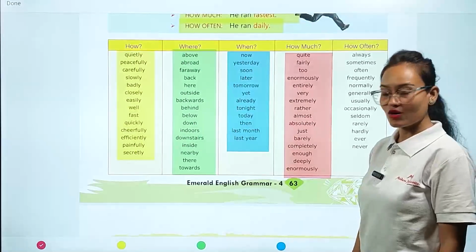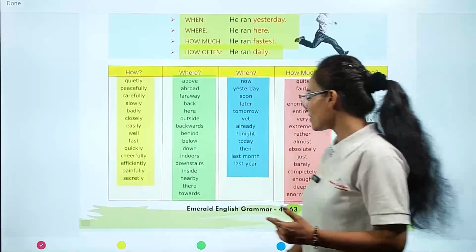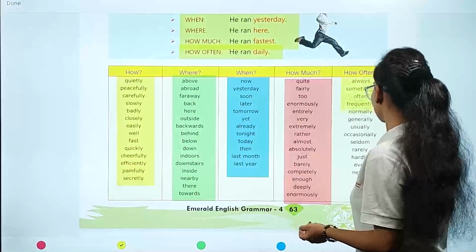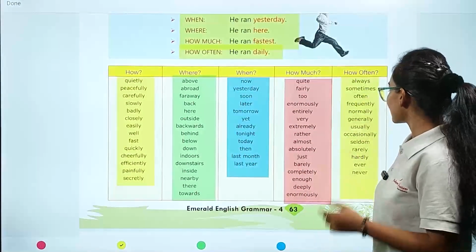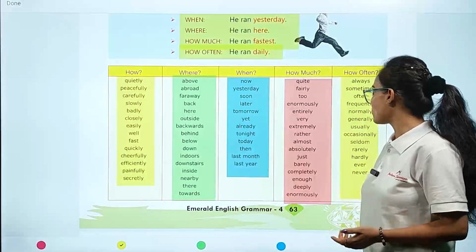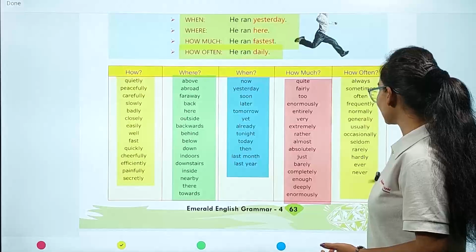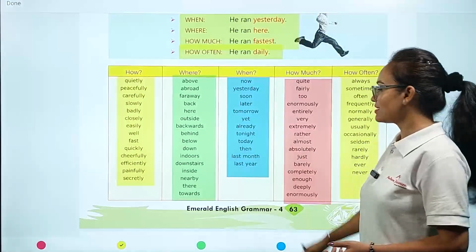Now the last one, how often the action is performed: always, sometimes, often, frequently, normally, generally, usually, occasionally, seldom, rarely, hardly, ever, never.